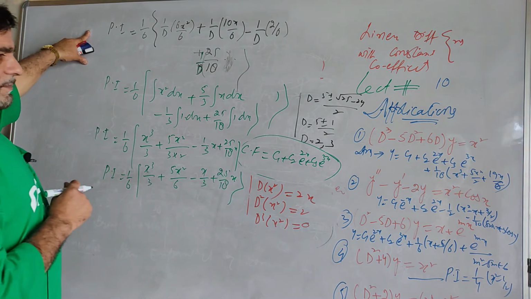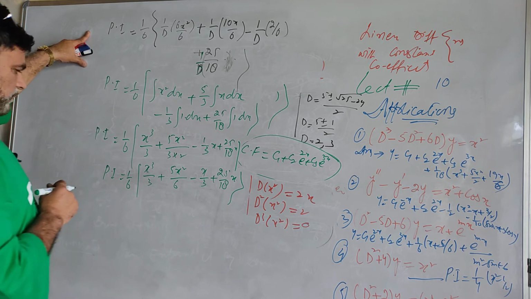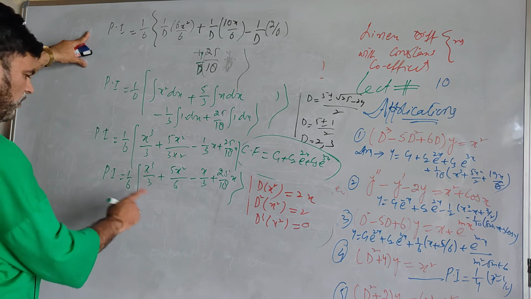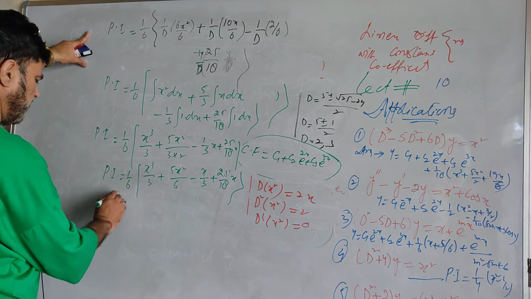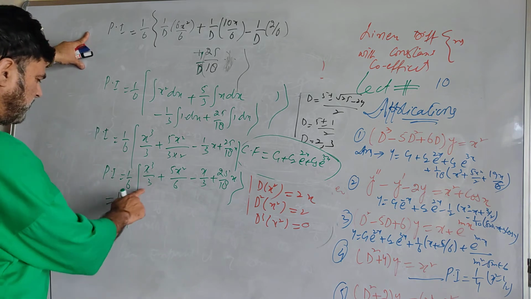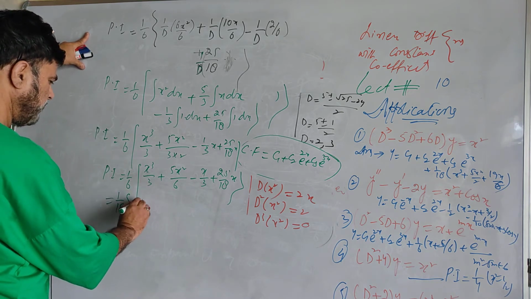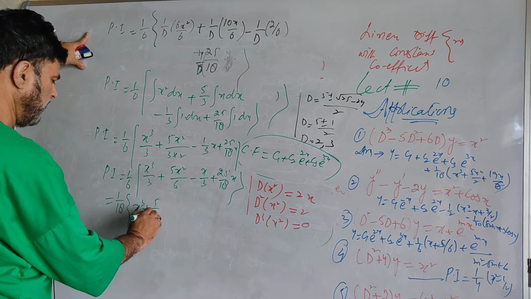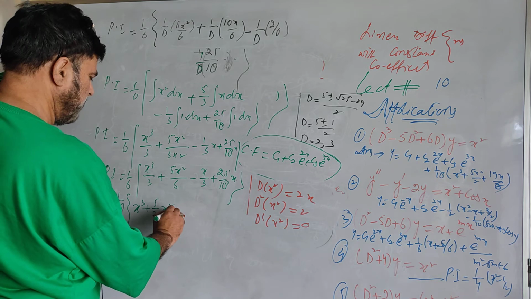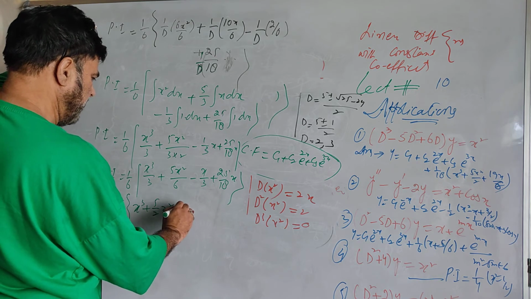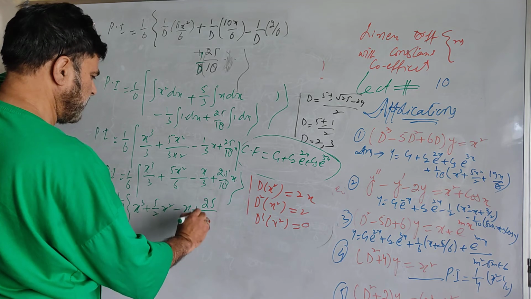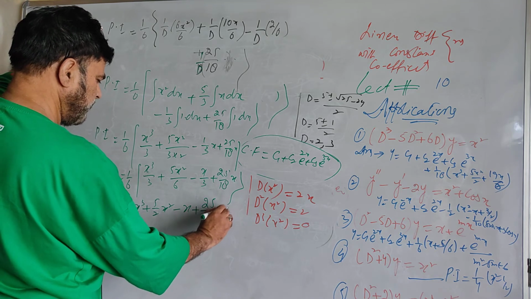You can take 3 common, taking 3 outside, it is 1 by 18 here, to avoid further simplification: x cube, 5 by 2 x square, minus x, then 25 by 6 x.